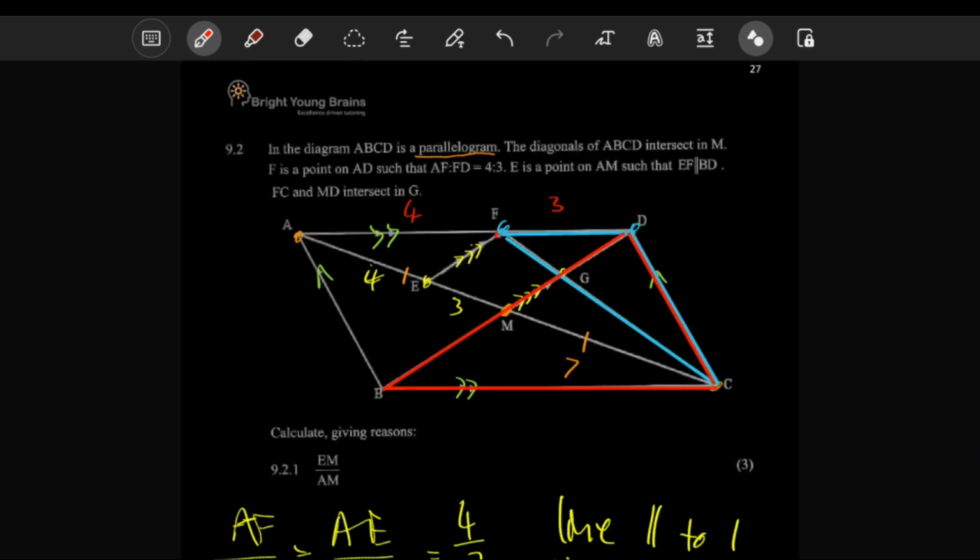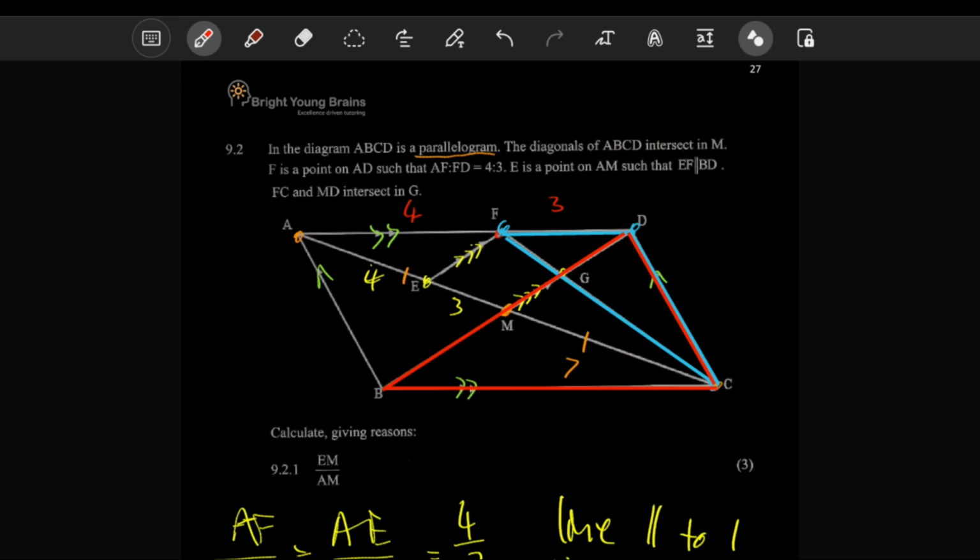The one thing you can remember about these two triangles is that they are triangles in between parallel lines, so they have the same base. Don't take that for granted. Now if you're going to use these two triangles, firstly, what do you have?